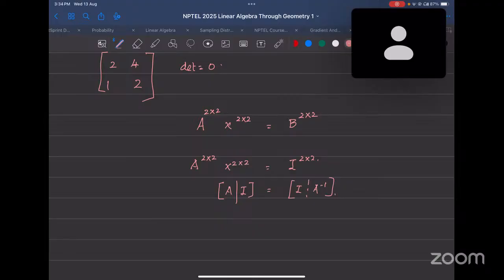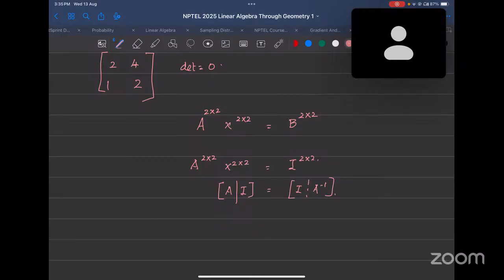If you want to find the A inverse, then you must go from A to the identity matrix.